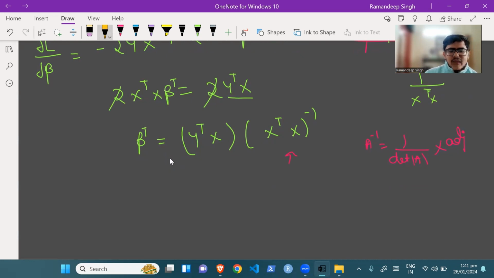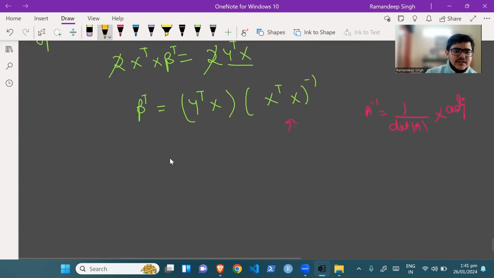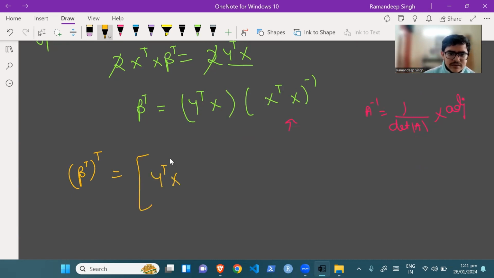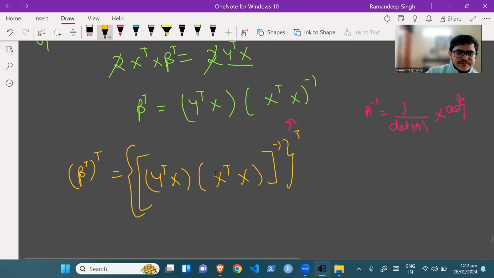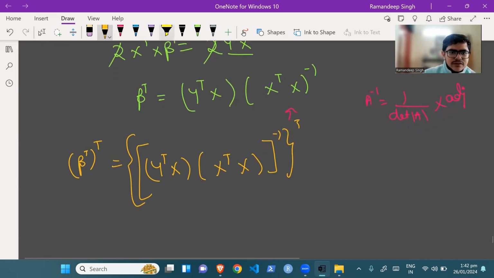Now I don't want my beta transpose, I want beta. So I will take the transpose of both these matrices, on the LHS and RHS. So it will become beta transpose whole transpose is equal to Y transpose X multiplied by X transpose X inverse, transpose, right? Okay, so it is not whole transpose, whole inverse, sorry.